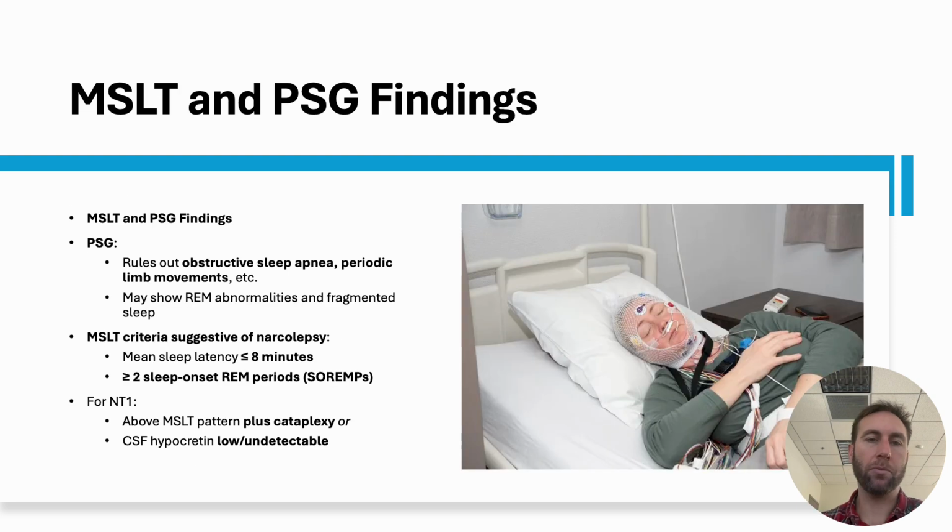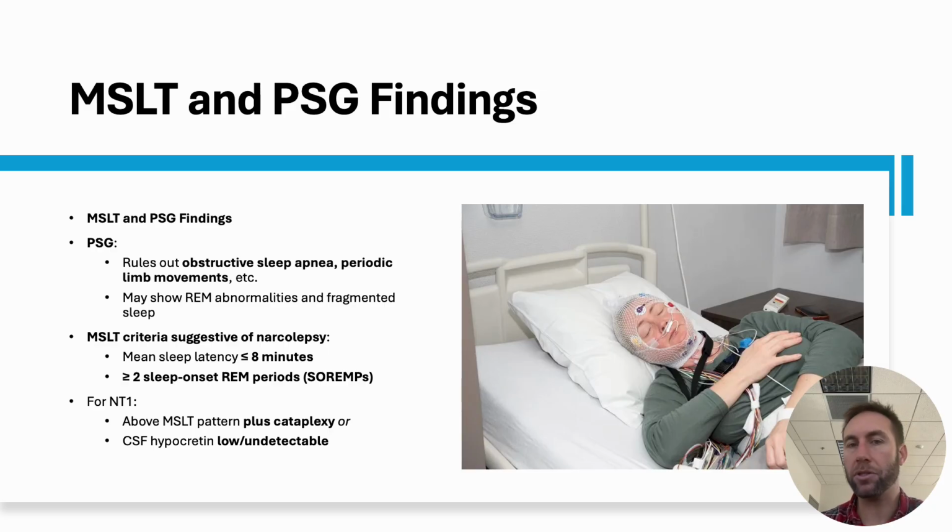So, multiple sleep latency testing and polysomnogram findings. On a polysomnogram, we mainly want to be sure that something like obstructive sleep apnea isn't explaining the sleepiness. The multiple sleep latency test then measures how quickly a person falls asleep during several daytime naps and whether or not they go straight into REM sleep during those naps.